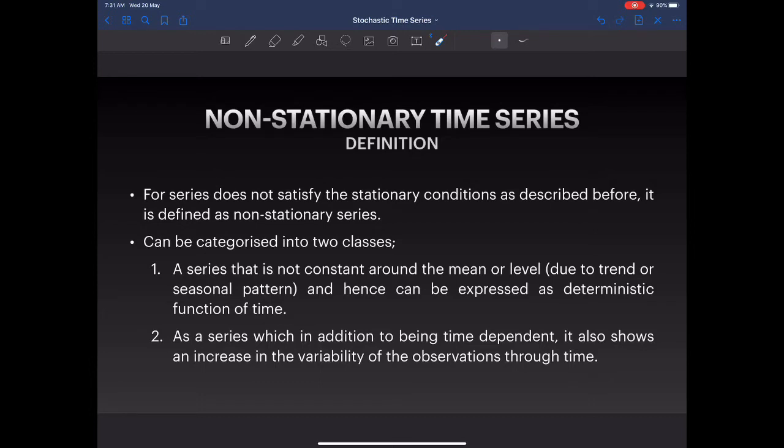Basically we can categorize it into two classes: a series that is not constant around the mean or level, and a series that is not only time dependent but also shows an increase in the variability.